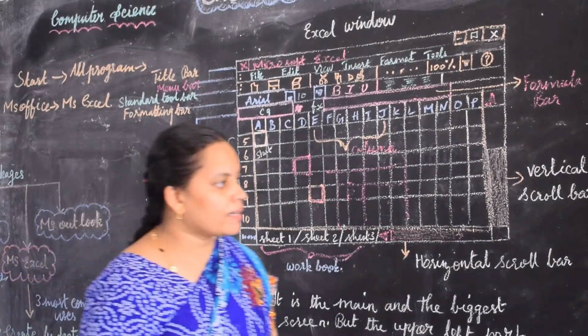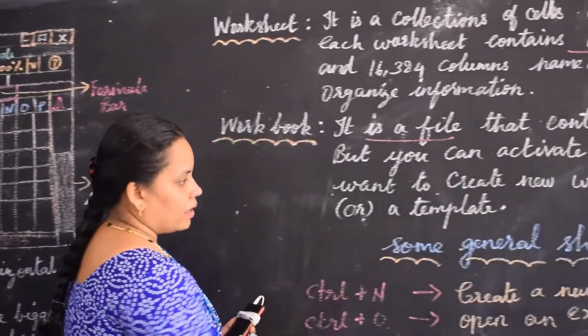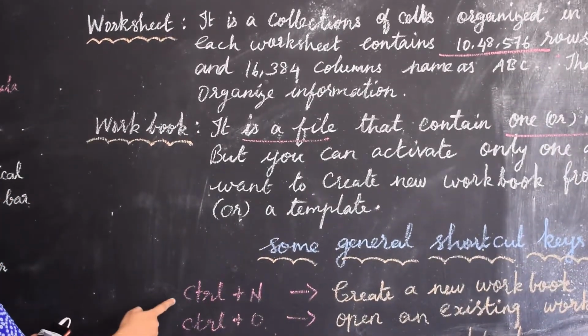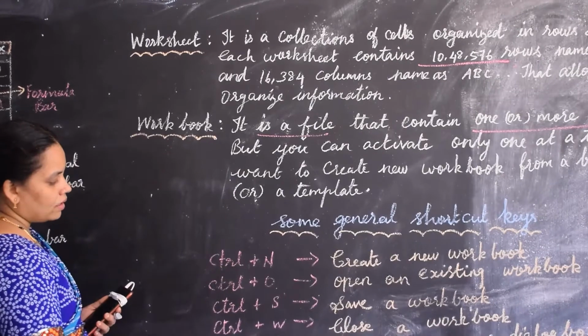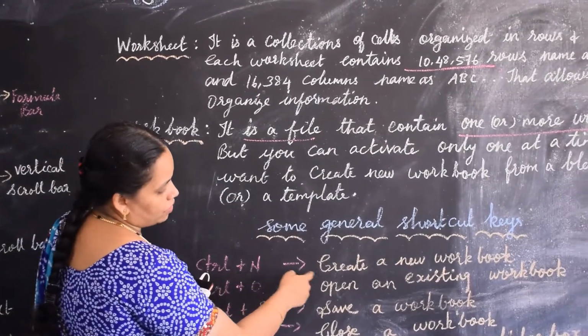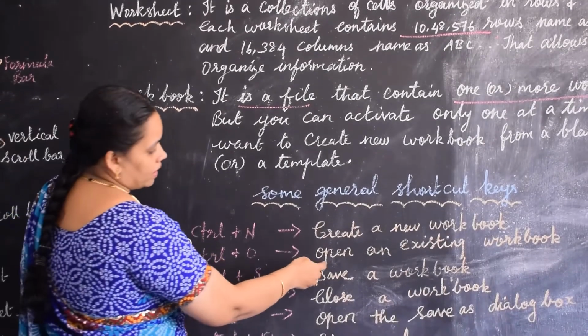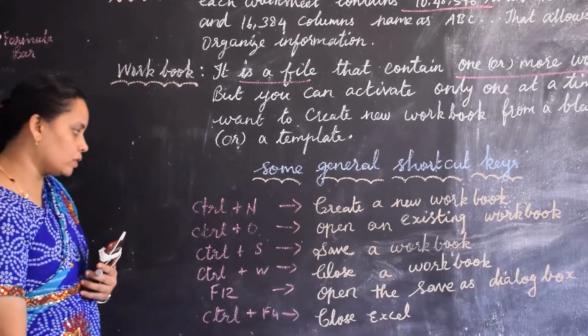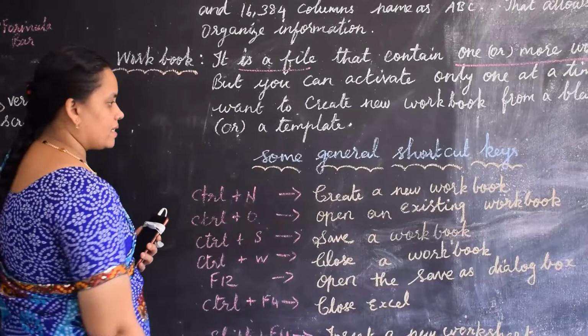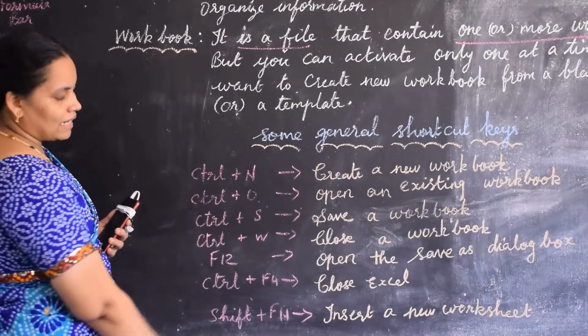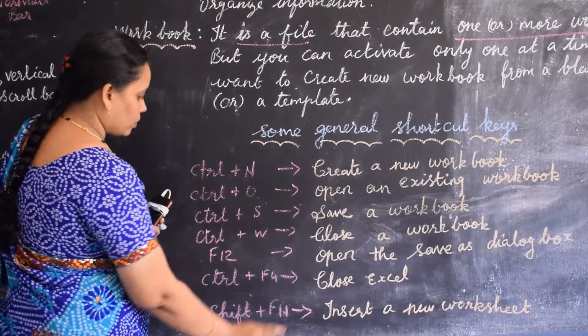Okay students, here some general shortcut keys are given. The first one is Ctrl plus N. This key is used to create a new workbook, and Ctrl plus O is used to open an existing workbook. The next one is Ctrl plus S, to save a workbook.